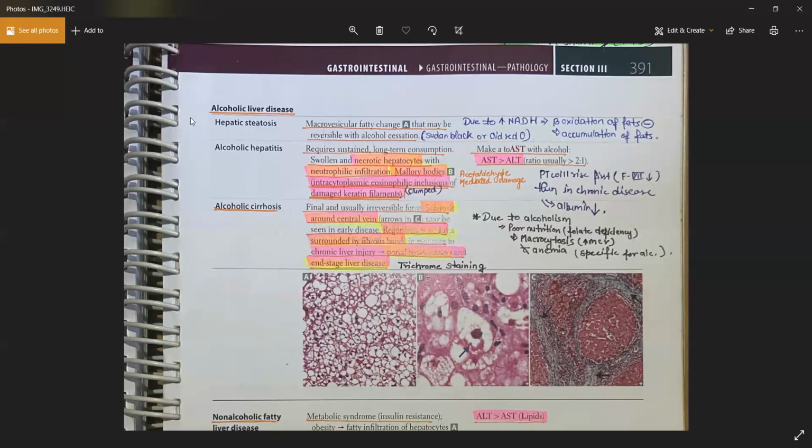Remember, all of the NAD is being utilized, and all of the NADH is being produced. Sorry, NAD, right? So ultimately, your body's NAD stores are being depleted. Is that okay up to here?